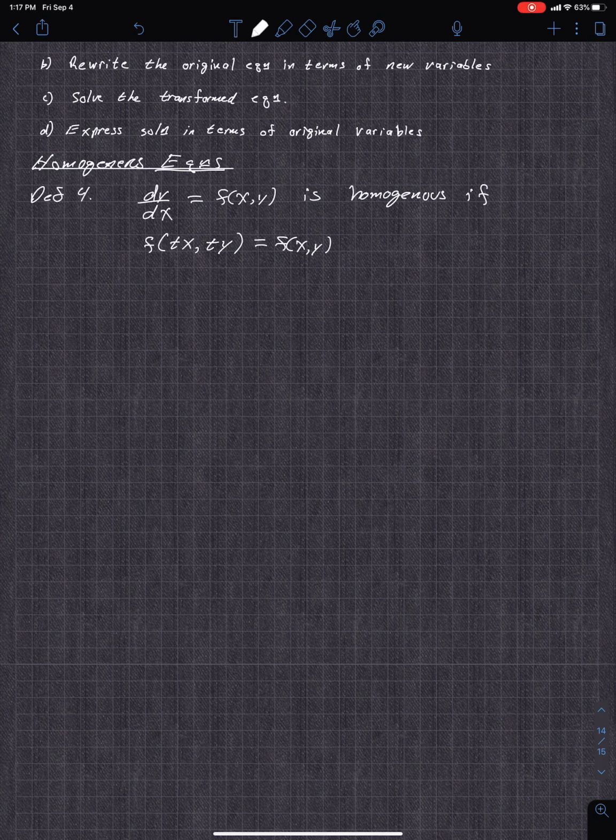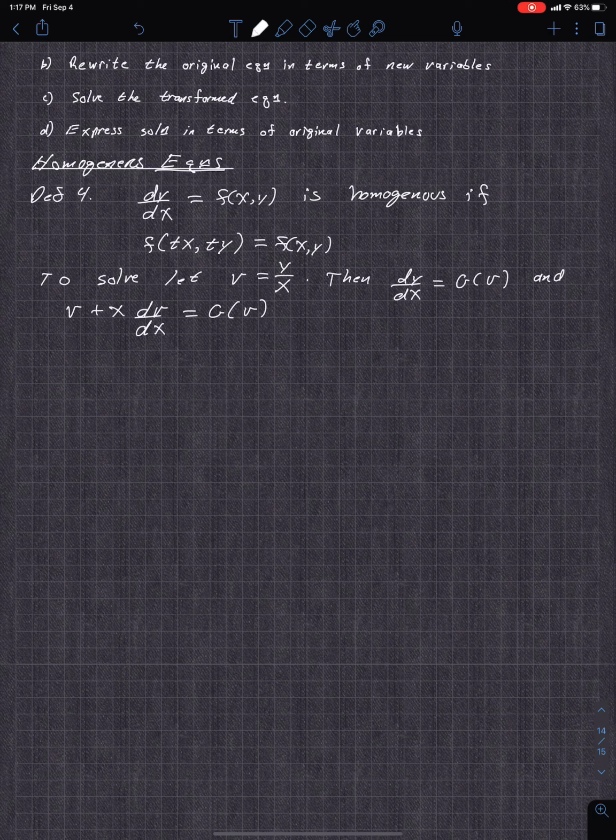So to solve, this is what you do. You let v equal y over x. Then dy/dx is equal to g of v. We make the substitution, and it turns out to look like v plus x dv/dx equals g of v, which I'll show you with an example.